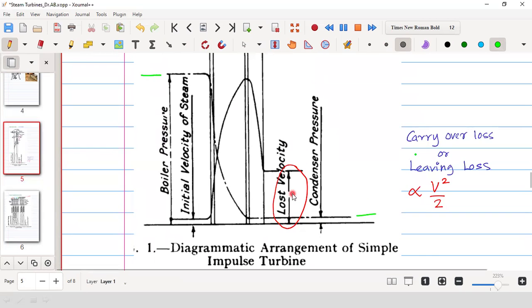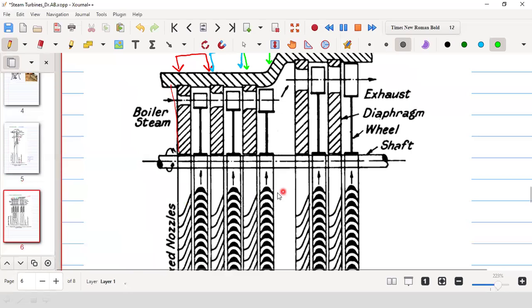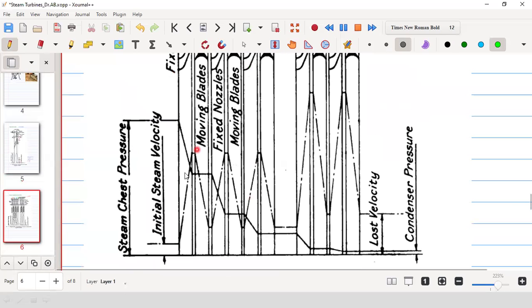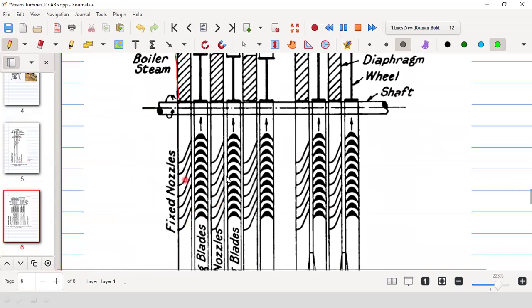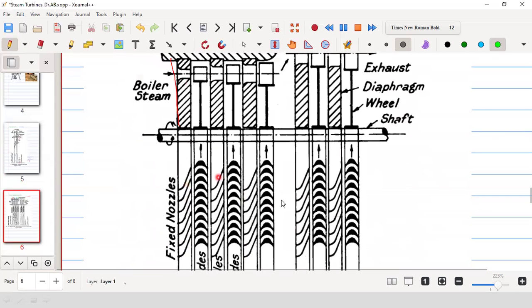Now, if I break this into a number of stages, the pressure reduction is happening in a number of stages. These are impulse turbines, so pressure reduction will happen in the nozzle only. So there are a number of nozzles here. This is one stage, this is one stage, this is one stage. Again you have one stage, another stage.